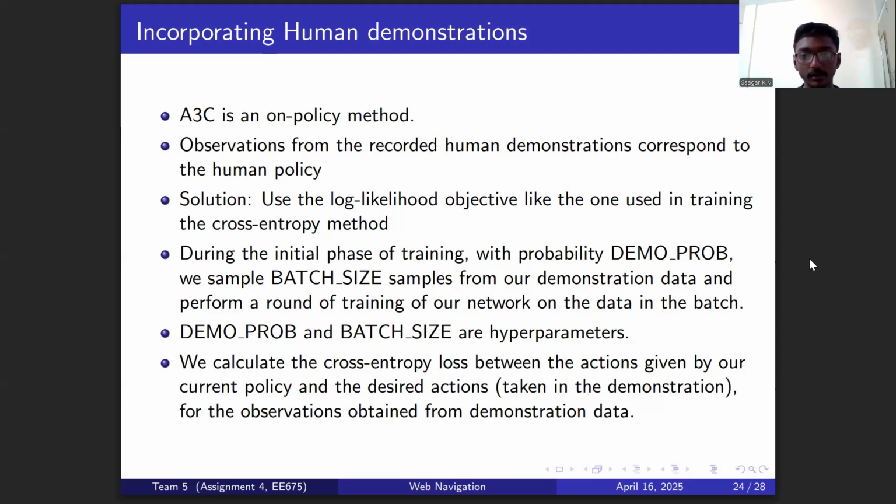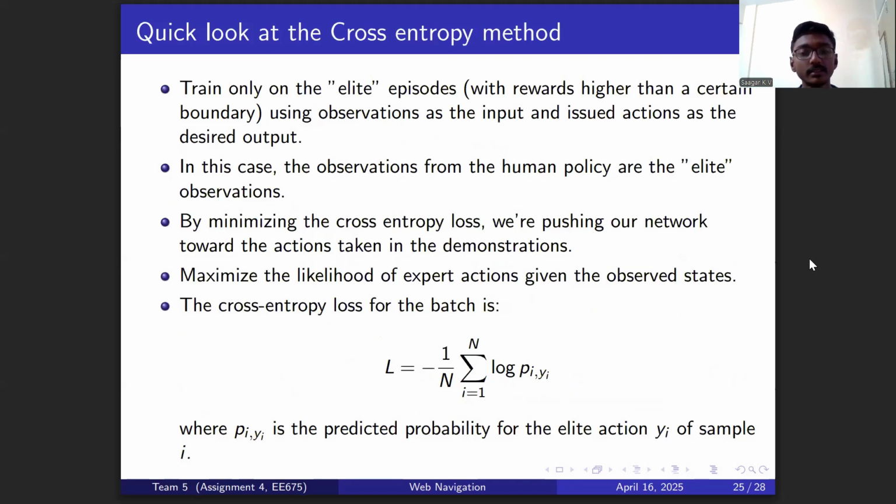This phase of supervised learning happens with demo probability at some point while the reinforcement learning policy gradient algorithm is running. We'll just have a quick look at the cross entropy method, where we basically have a large number of episodes, but we only choose elite episodes where we got higher rewards, and only observations from those episodes are used as the desired output, and a cross entropy loss is computed between the current policy and those observations.